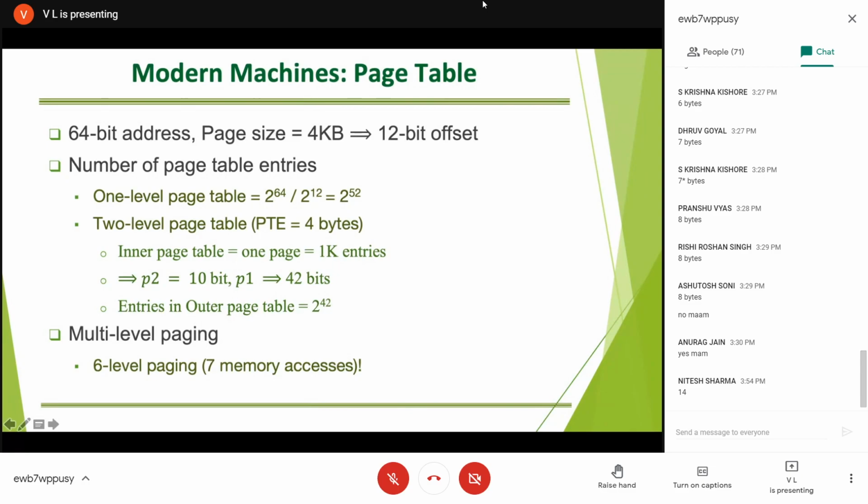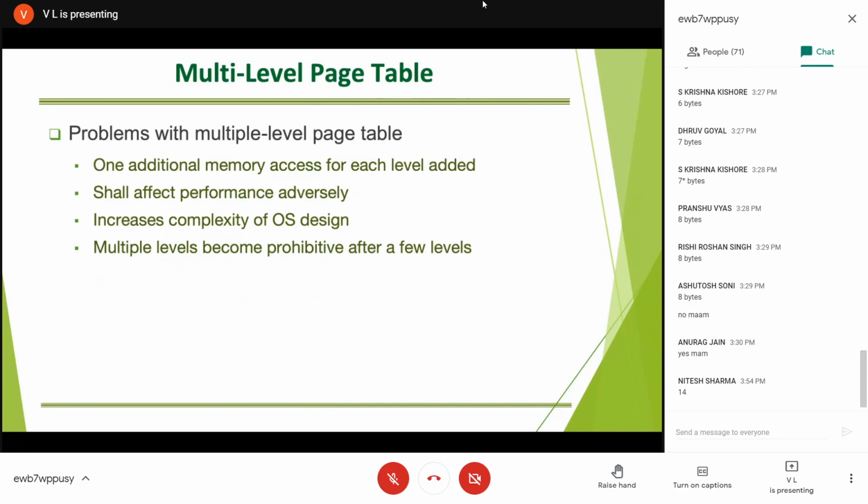If you start dividing 52 by 10, you would need at least 6 levels of pages. So as you increase the size of the memory and the number of bits per address, the number of levels in the page table will increase, which increases the number of accesses also and slows down the machine. So these are the problems with multiple level page tables.